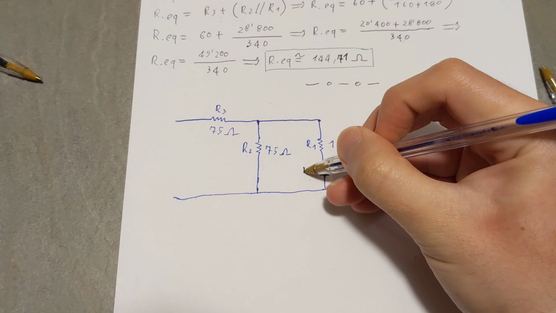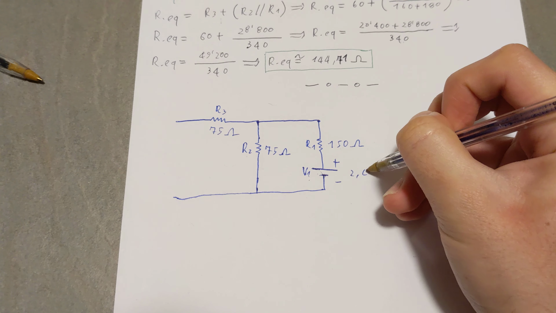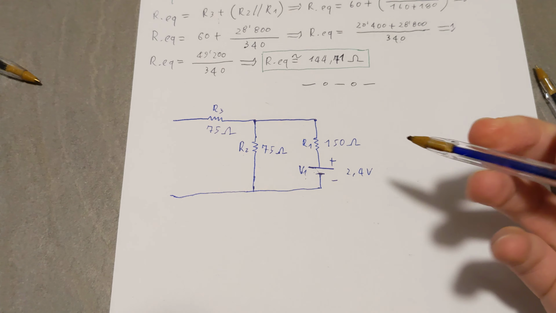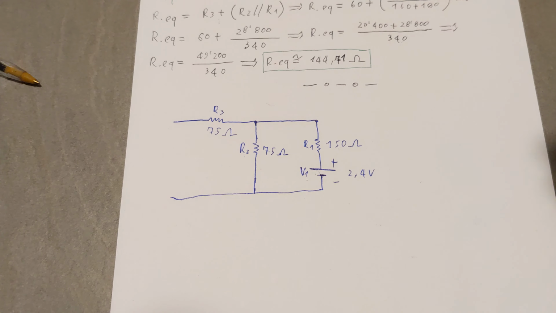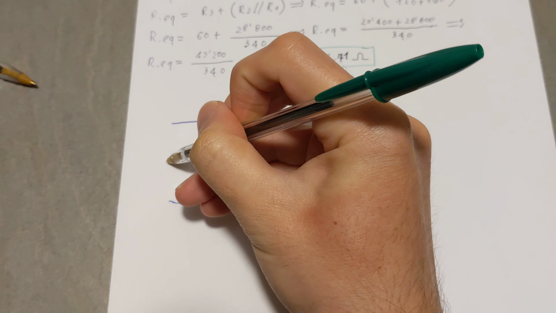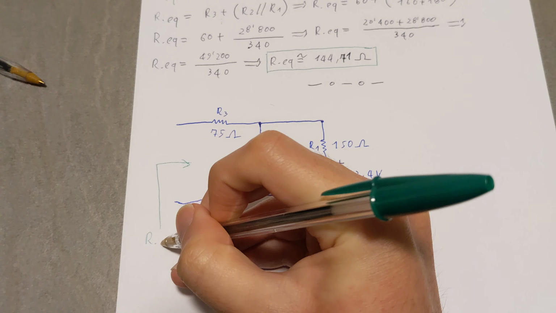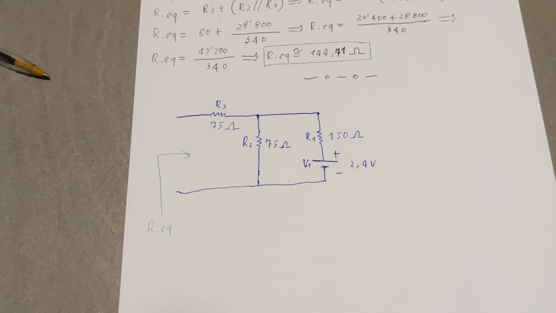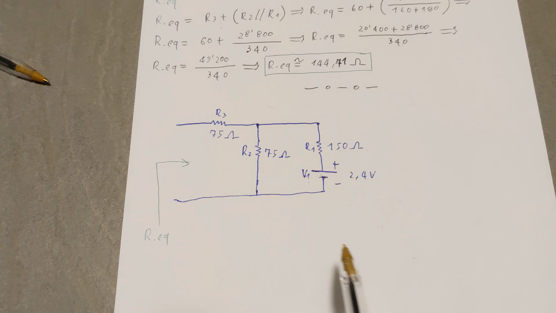And our power supply, V1, is 2.4 volts. We're not going to need this, but I'm putting it as a reference anyway. And we're going to find the equivalent resistance here, Req. So to find the equivalent resistance, again, we're going to use the relationship between the resistances.